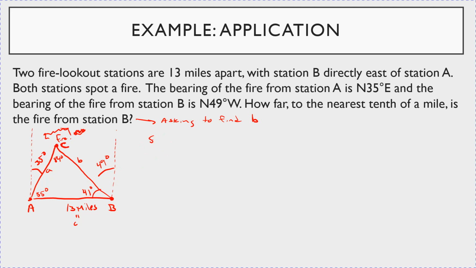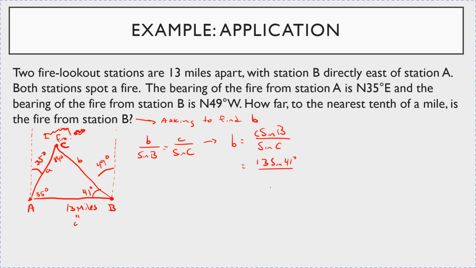So then you could just use this: b over sine of B, because I'm asking you to find that, is equal to c over sine of C. Solving, because we want to get b by itself, b is equal to c times sine of B over sine of C. Well, c is 13 miles, B is 41 degrees, divided by sine of C. What is C?